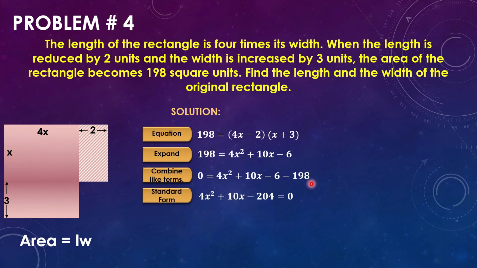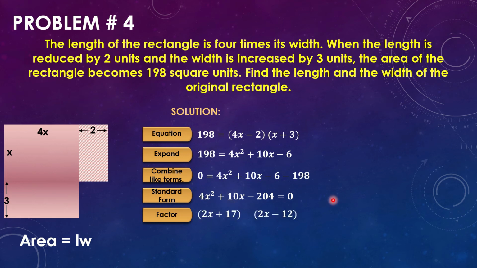It will give us the standard form of 4x squared plus 10x minus 204. Since these numbers are not divisible by 4, we will not divide these terms by 4 this time. So we will just simply move on with factoring.